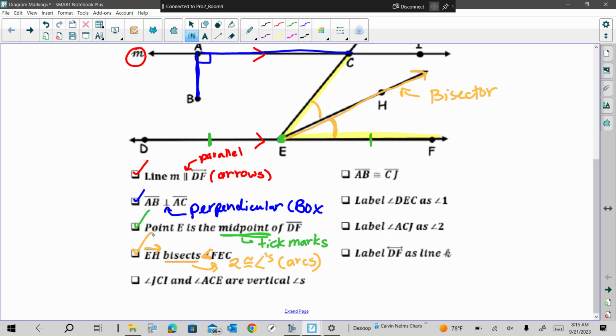Now, on the next item, we have angle JCI and ACE are vertical. So the key word here, and I'm just going to go purple, is understanding what vertical means. When you have vertical angles, that means you're going to have two congruent angles. So again, we need arcs to show that.